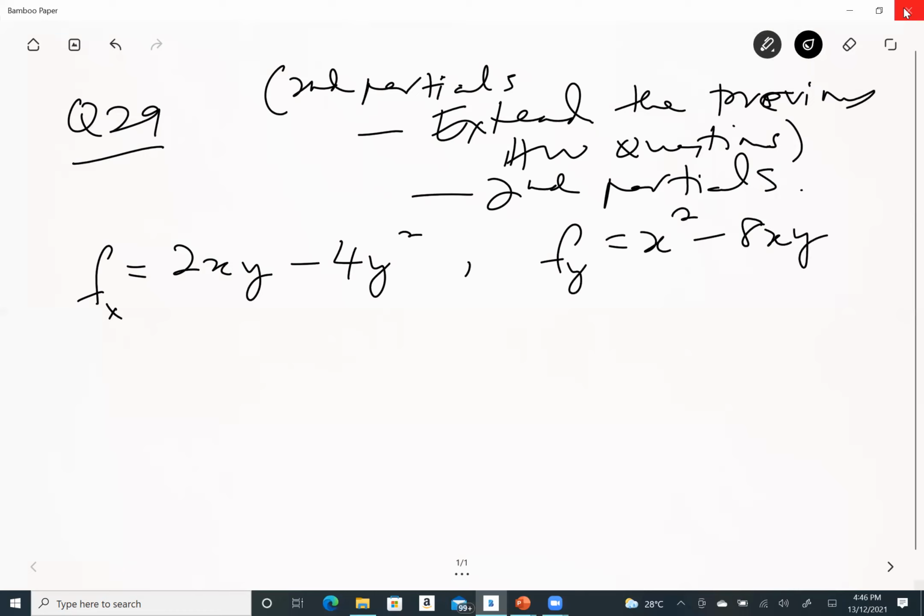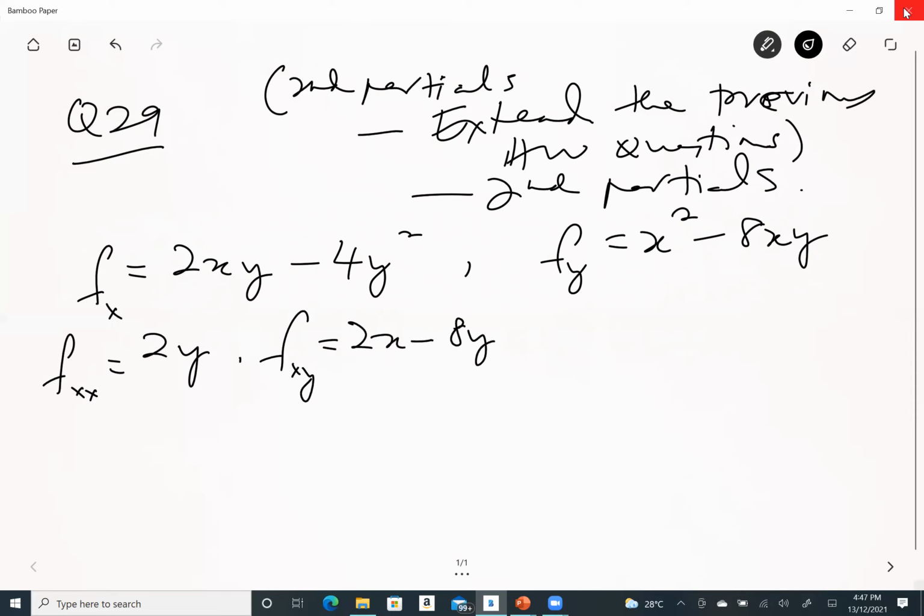Now, the second partial, fxx, derivative of fx with respect to x, what do I get? I get 2y, because y is a constant, so the x-term was 0. Then fxy, derivative of fx with respect to y, I got 2x minus 4y.